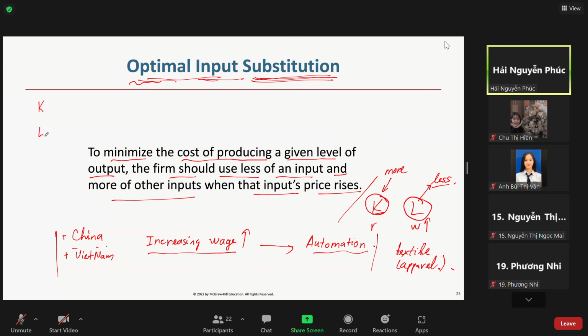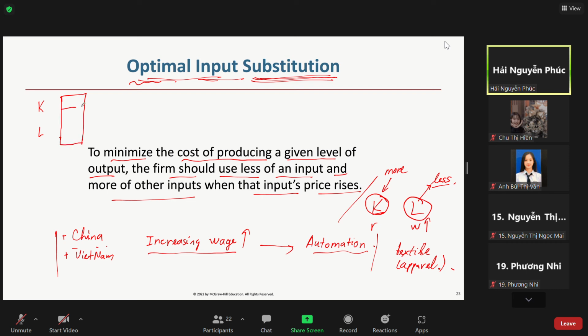We know that the task of a manager is to choose the optimal combination of inputs, right? So imagine the following two cases. Here is the total cost for production.